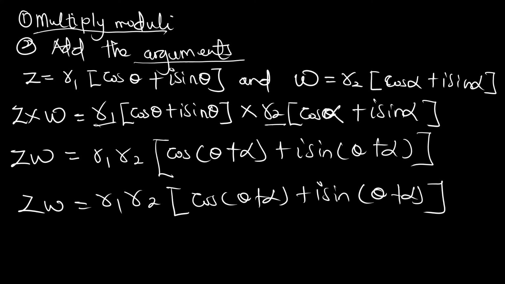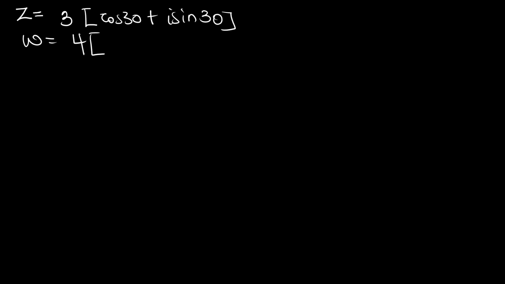Now let's take real examples. Okay, so we have z equals 3 (cos 30 plus i sin 30), and omega equals 4 multiplying (cos 60 plus i sin 60).